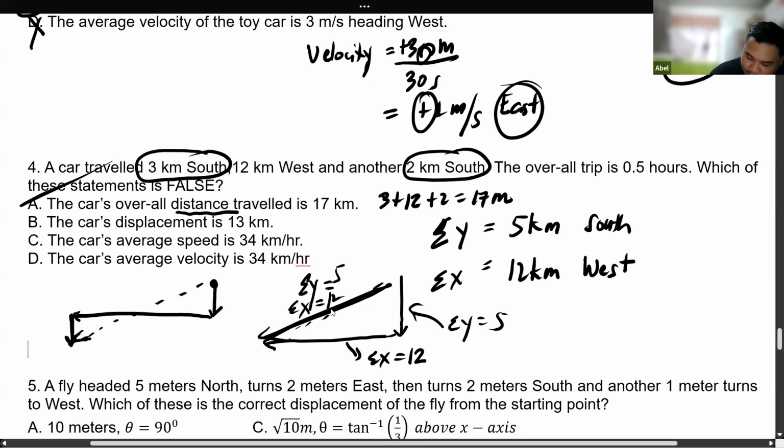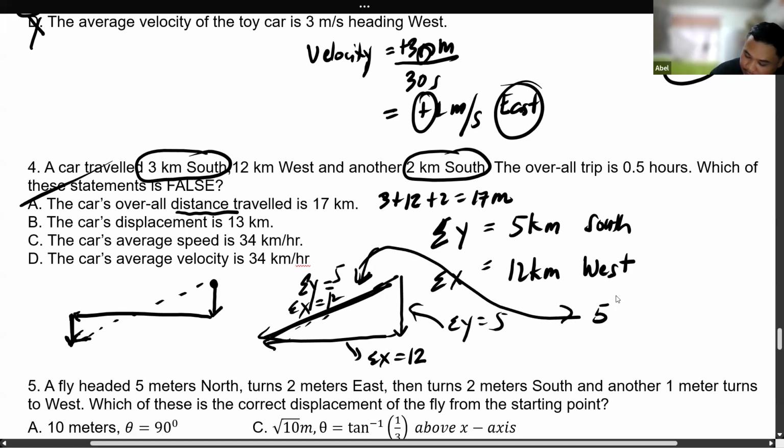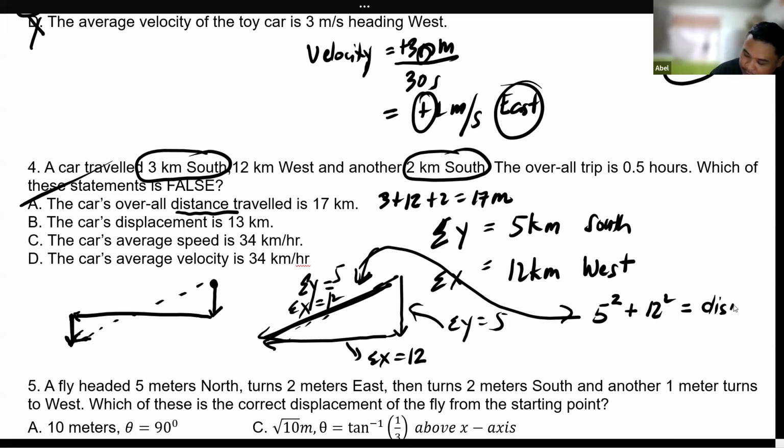We're gonna form a right triangle. So this value, it's 13. It's a Pythagorean triple. But if you're gonna still solve for that, the value for this one is simply 5 square plus 12 square. And that is the value of this displacement.